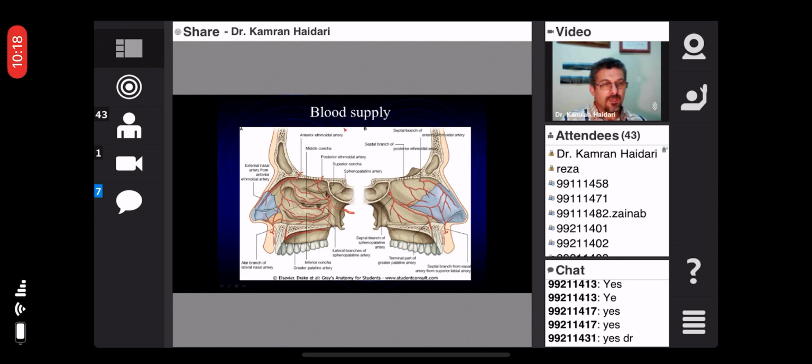Alright, in this picture you can see blood supply of the nasal cavity. As I told you before, the sphenopalatine artery is the main artery to supply nasal cavity, and the sphenopalatine is one of the branches of the third part of the maxillary artery.